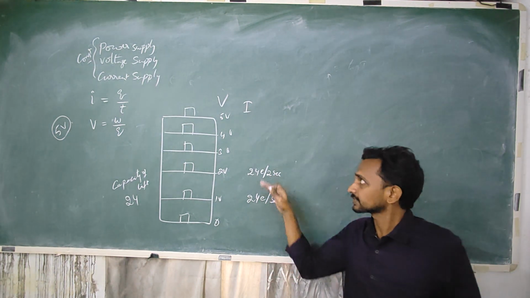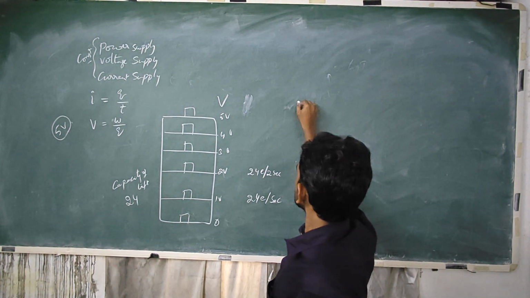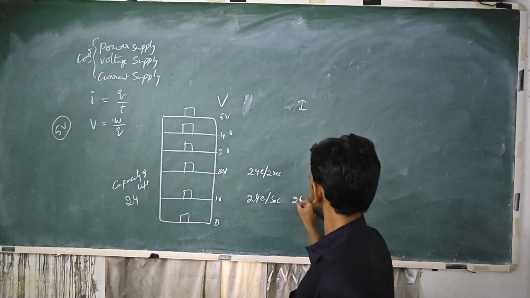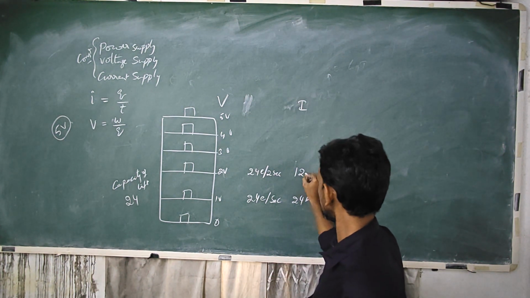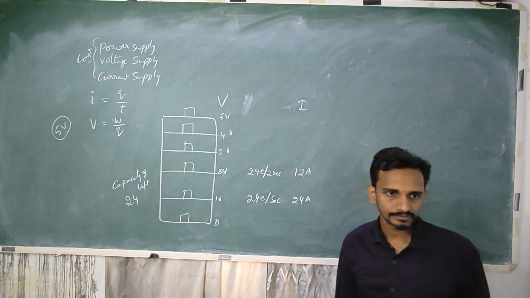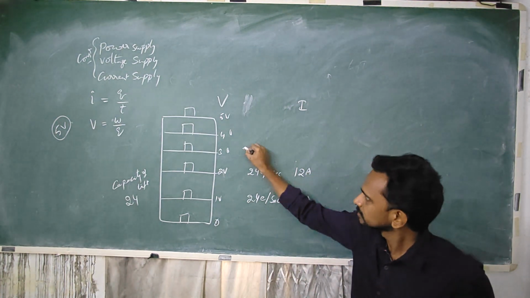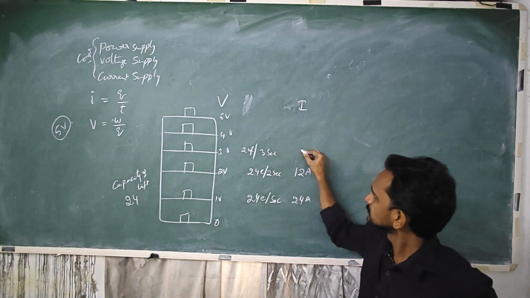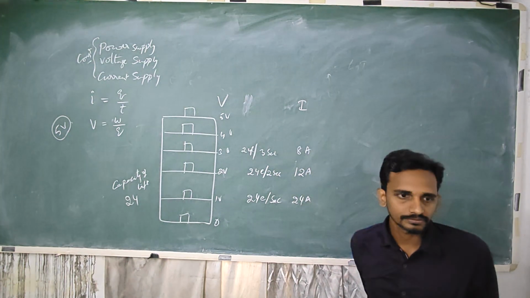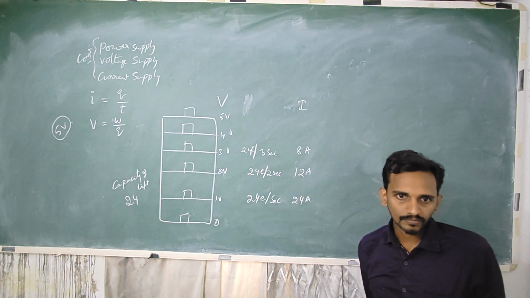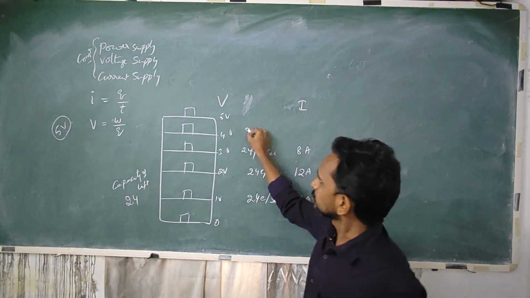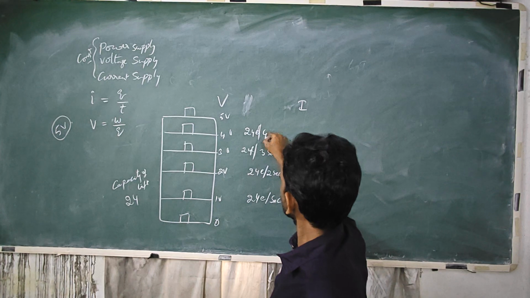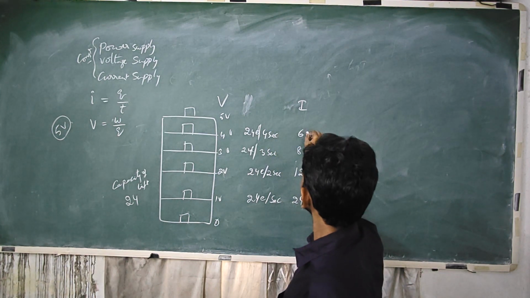It takes 2 seconds of time. So what is current? It is 24 amperes. Here it is 12 amperes. What about here? 24 per 3 seconds, so it is 8 amperes. 24 per 4 seconds, 6 amperes.